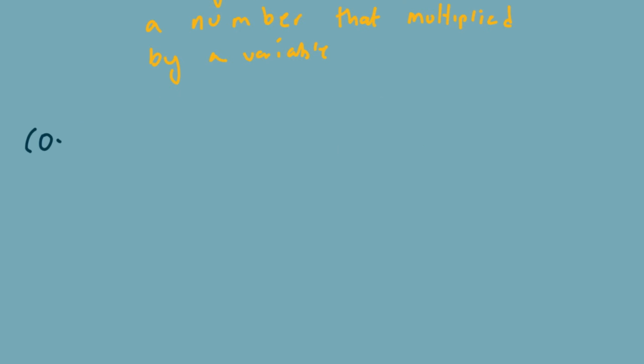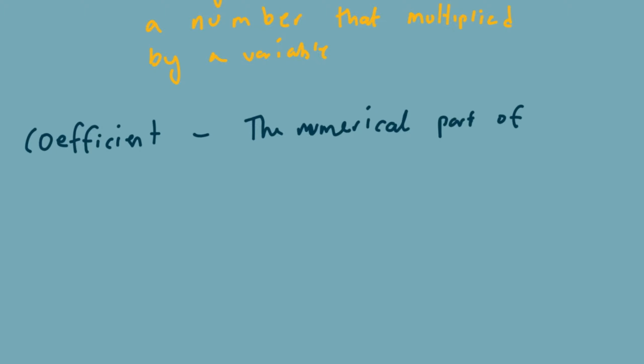Another term is a coefficient. This is the numerical part of the variable. For example, let's say 3x. So the coefficient is this part, 3. So it would be 3 as the coefficient.